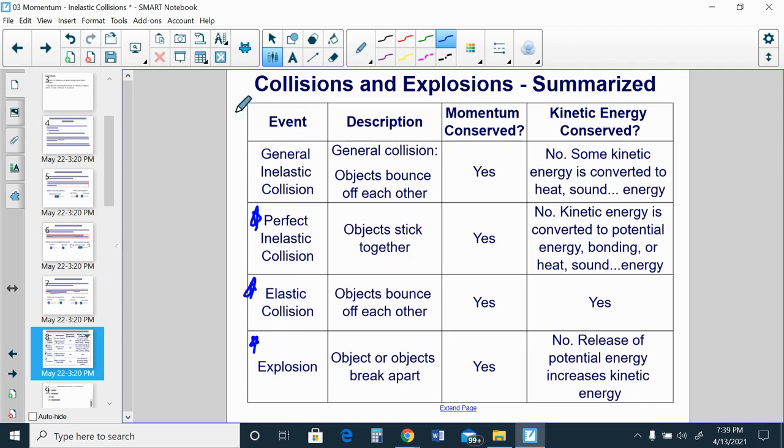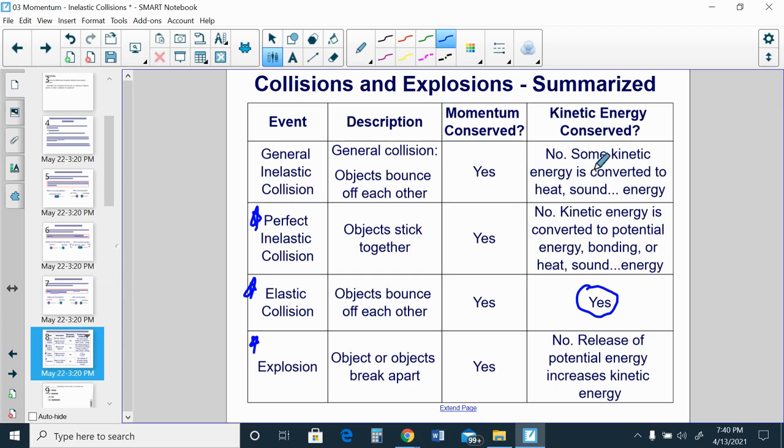Now, technically, in this type, the objects bounce off each other similar to an elastic collision, but some kinetic energy is converted to heat or sound energy, etc. So you'll notice here, for an elastic collision, kinetic energy is completely conserved. This is the only case where that is true.